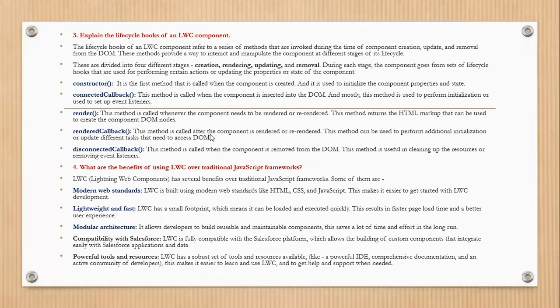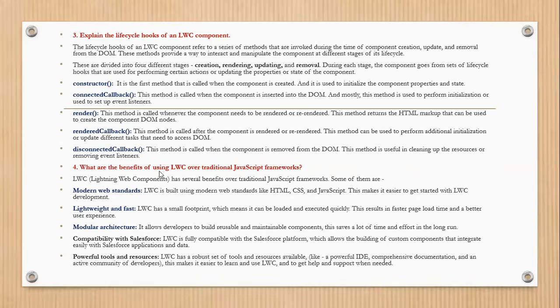This method is called after the component is rendered or re-rendered. This method can be used to perform additional initialization or update different tasks that need to access the DOM. Next, disconnected callback. This method is called when the component is removed from the DOM. This method is useful in clearing resources or removing event listeners.